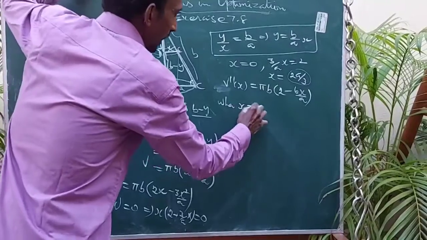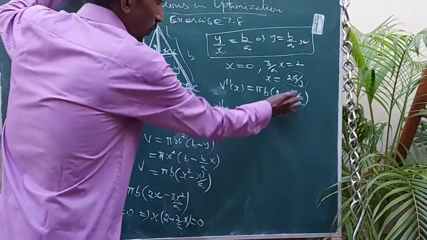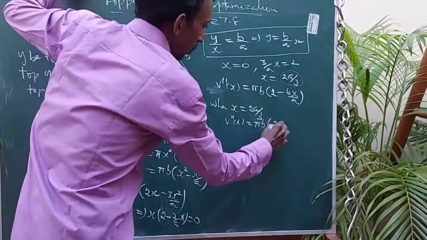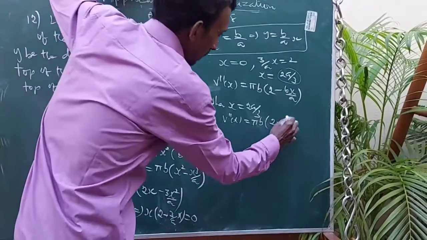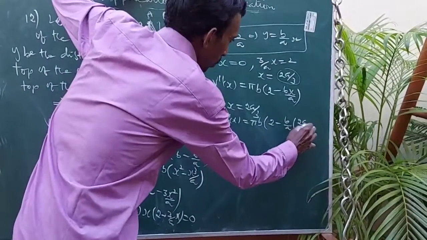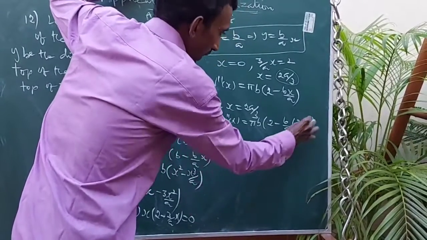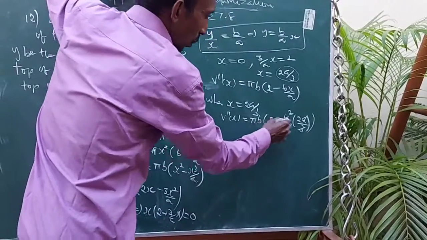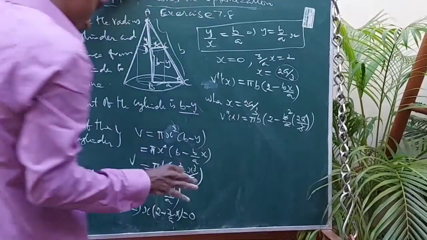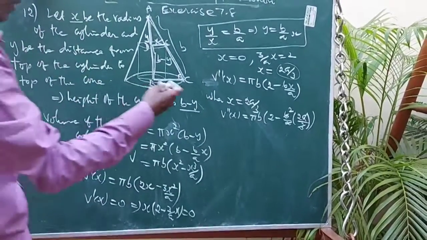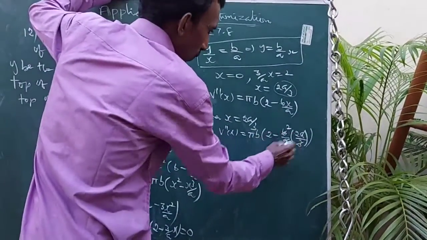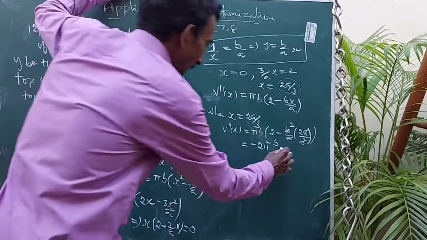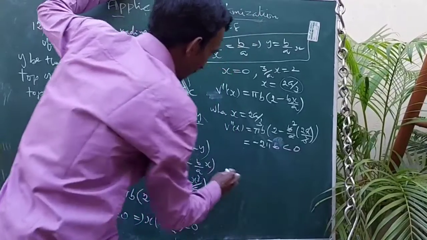So V double dash of x equals pi b into 2 minus 6 by a into 2a by 3. The a cancels. So 2 minus 4 is minus 2. So minus 2 pi b, which is negative.